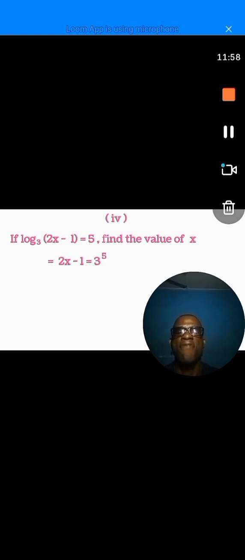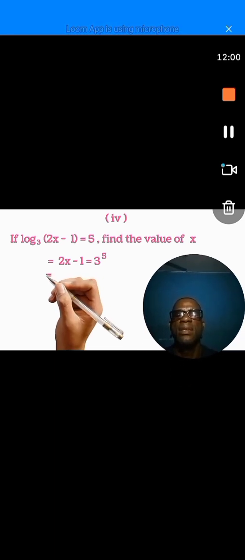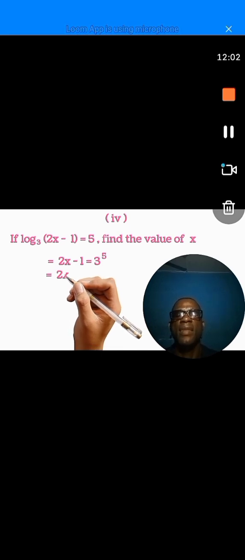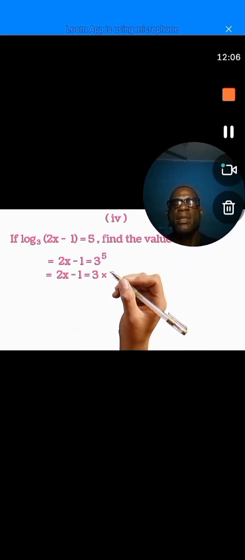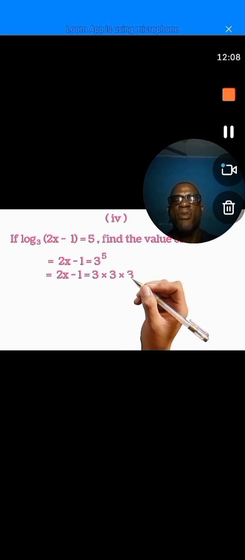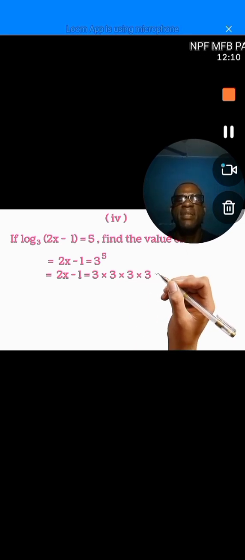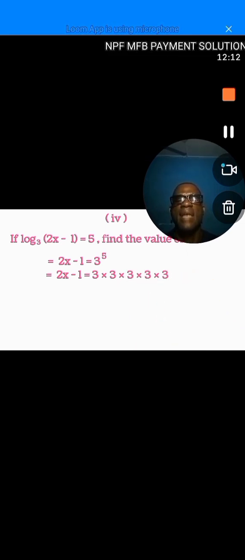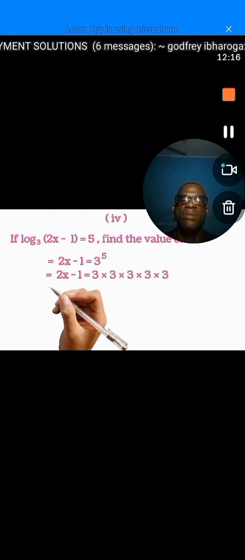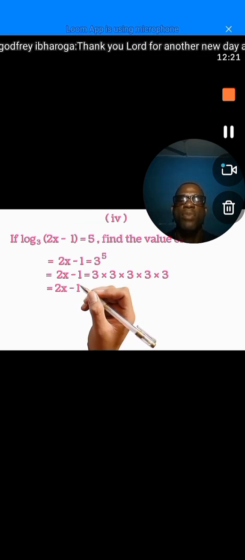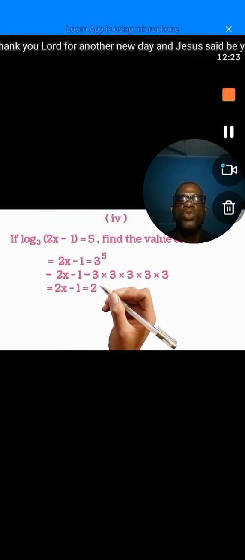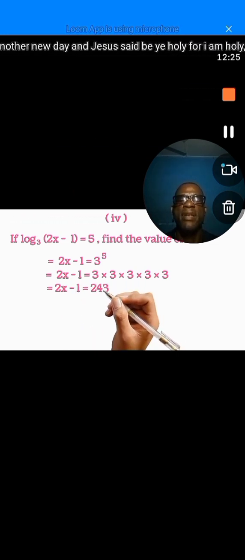And 3 raised to power 5 is sending us 2x minus 1 is equal to 3 times 3 times 3 times 3 times 3 times 3 times 3. That is 2x minus 1 is equal to 243.